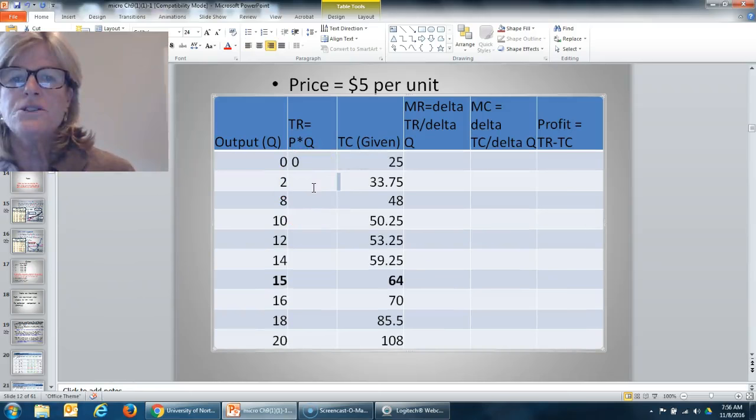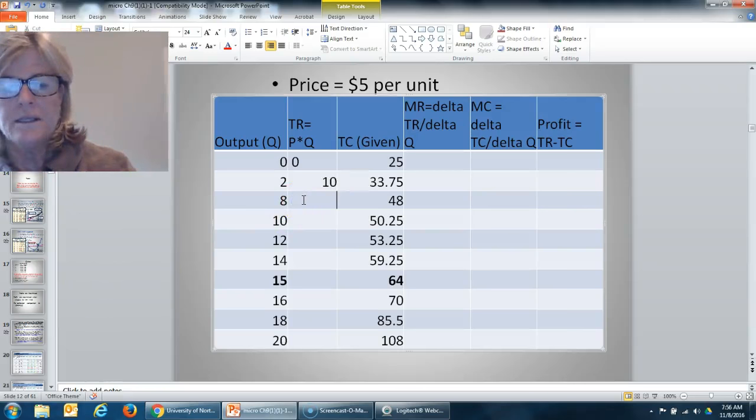How about when output is 2 and the price is 5? Total revenue is 10. How about when it's 8 units? When it's 8 units, it'll be $40. When it's 10 units, it's going to be $50. When it's 12 units, and so on.